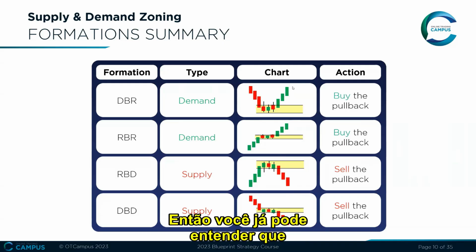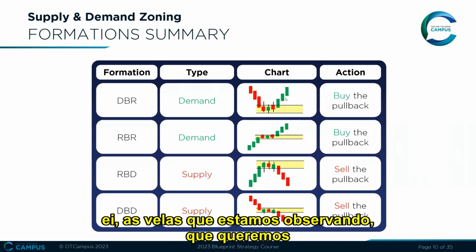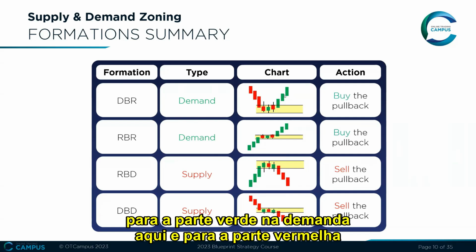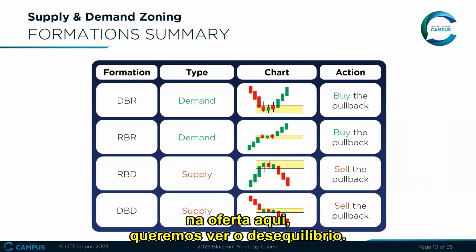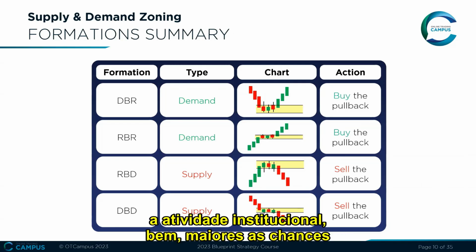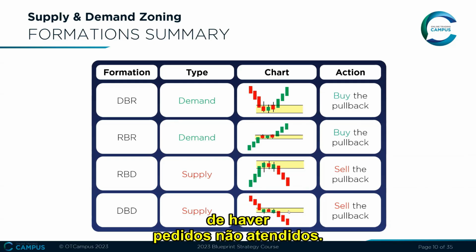So you can already understand that the candles that we want each of these parts of the formations to consist of, well, for the green part on demand here and for the red part on supply here, we want to see imbalance. We want to see institutional activity, and the better the institutional activity, the greater the chances of there being unfilled orders.